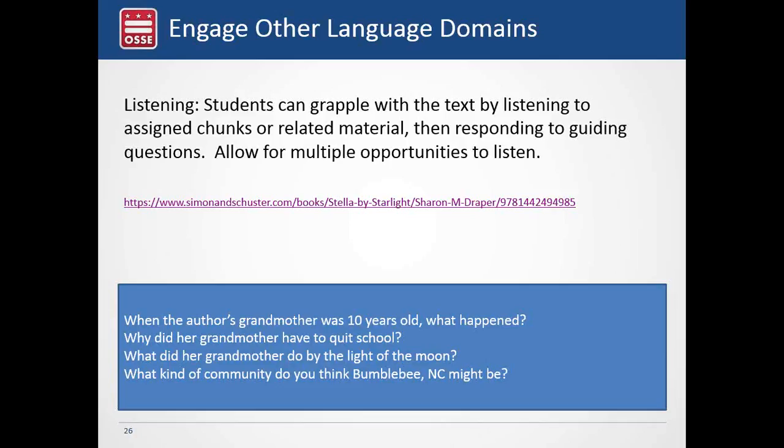As I've typed here, allow for multiple opportunities to listen. It's a short amount for us, but there's a lot of words for an English learner, and so they should have multiple opportunities to hear that media clip to be able to answer the questions successfully.